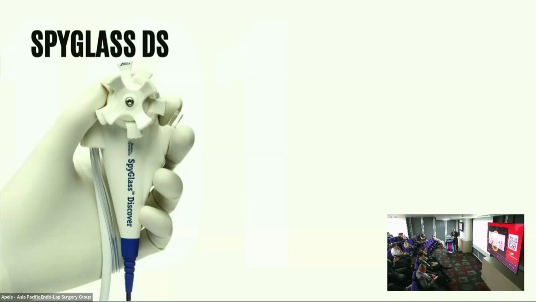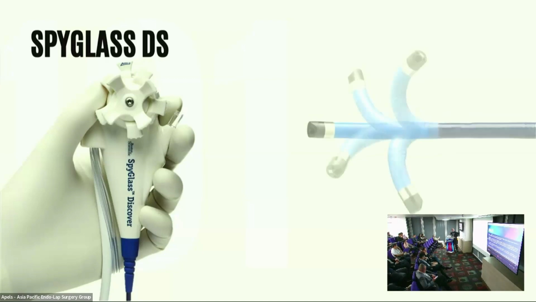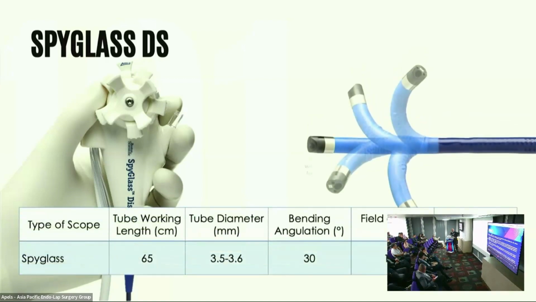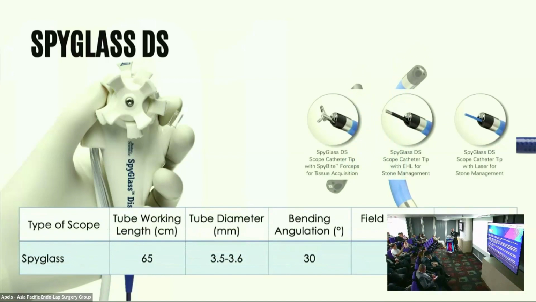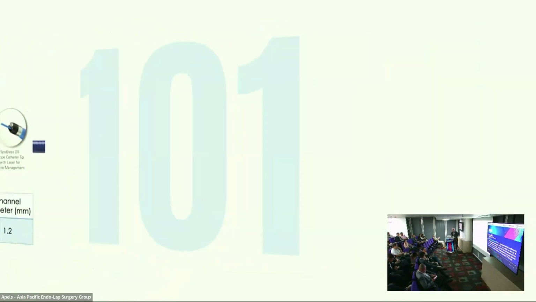Even in anesthesia or pulmo, they use disposable bronchoscopes for intubation or even bronchoscopy. So this is a small scope. This is a 10 French scope that can have biopsy, laser coming out, or EHL catheter coming out.